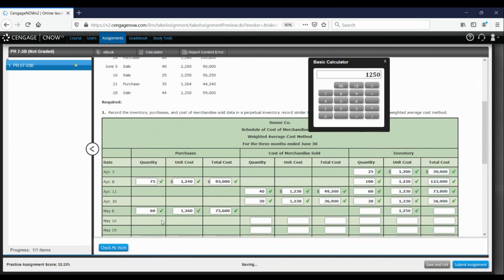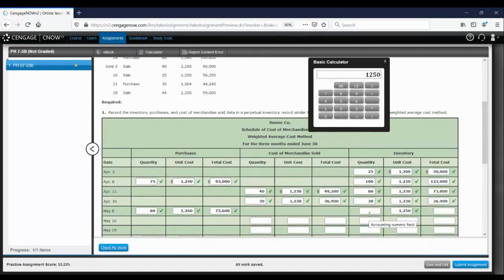So every time you make a purchase, you're going to have to come up with a new weighted average. Again, we took 36,900, we added 75,600 to that, and then we divided it by the 90 units that we have on hand, and it gave us 1,250 as the new average cost per unit.